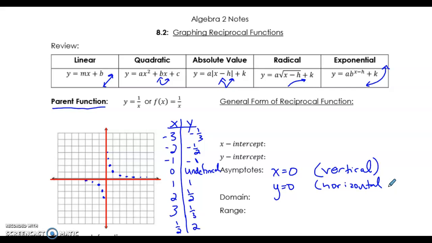So then if we kind of sketch this out, again, this line's going to approach that red line, but it's not actually going to cross over it. It's going to get closer and closer and closer, but it's never going to cross. Same thing up here.